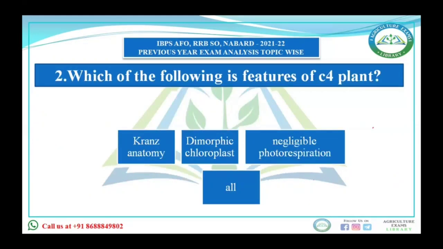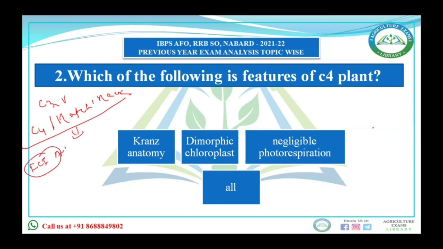Next question: which of the following is a feature of C4 plants? You must know about C4 plants. In photosynthesis there is the C3 cycle and the C4 cycle, and on that basis we call them C3 plants and C4 plants. C4 plant is also known as the Hatch and Slack pathway. In a recent examination, the FCI AGM question asked which of the following is Hatch and Slack.